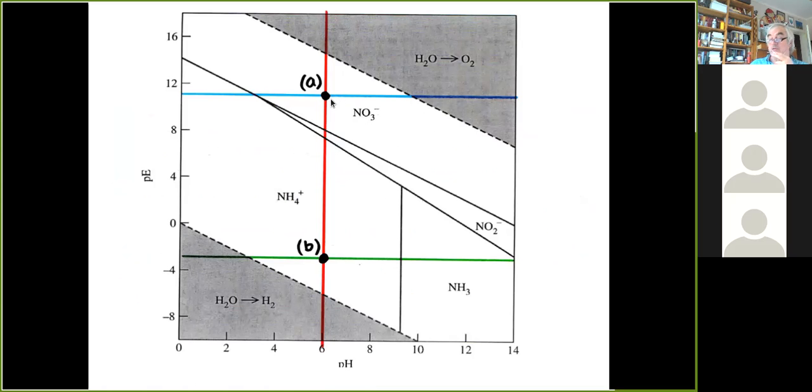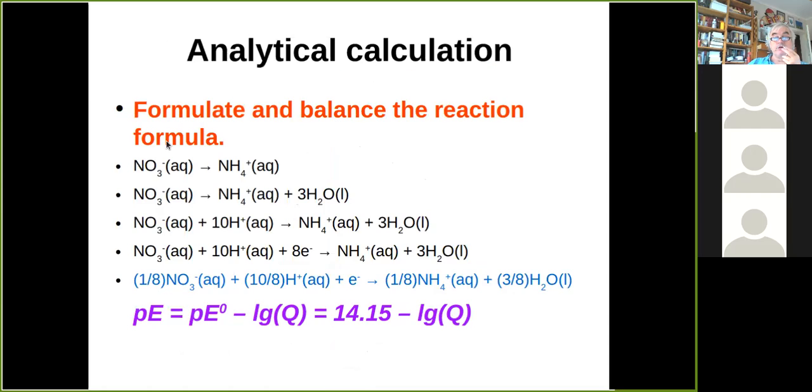And then you can just find some formula and do an analytical calculation. And you need to balance the reaction. Say that you have nitrate ions that should be in equilibrium with ammonium. I use just a one directed arrow here because I don't have access easily all the time to this double equilibrium arrow, but interpret this as an equilibrium.